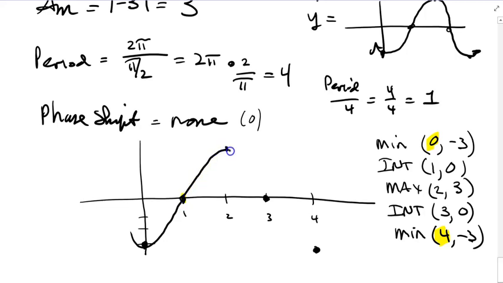And remember that the graph does not end at the beginning and end of those cycles. It continues. So you need to make sure you show that and label your points. So hopefully these couple additional examples helped you in graphing your sine and cosine graphs.